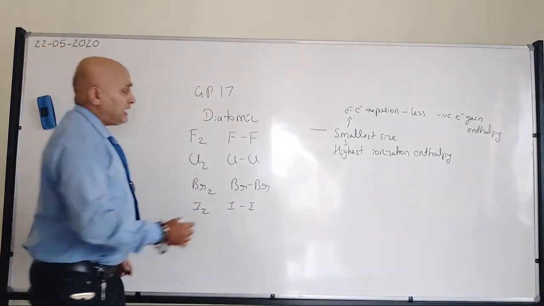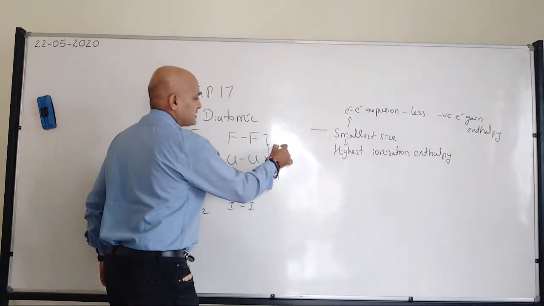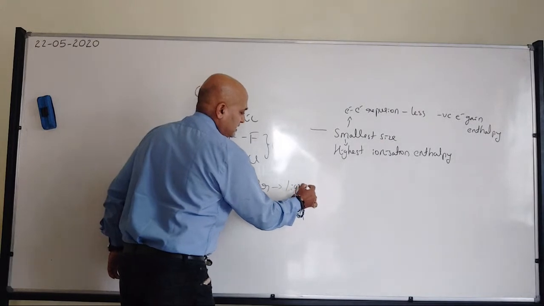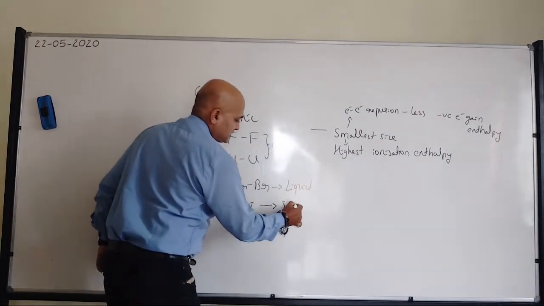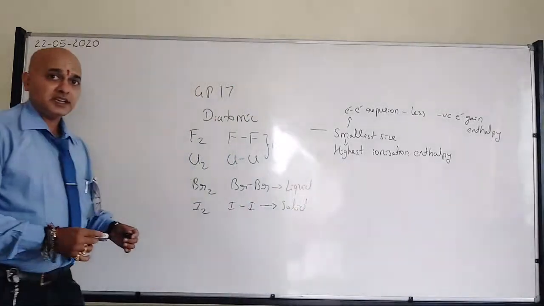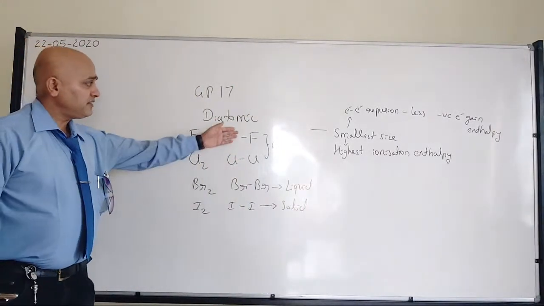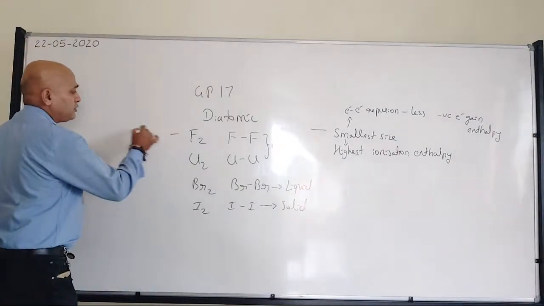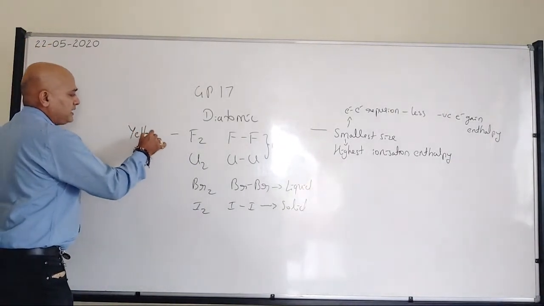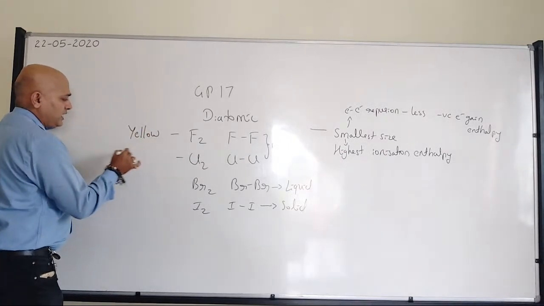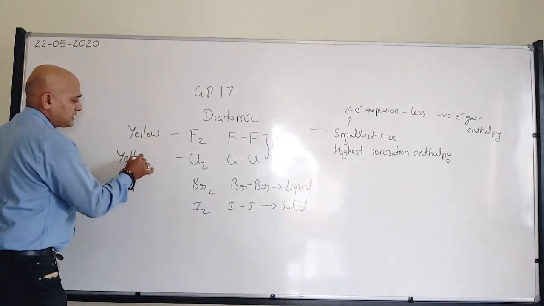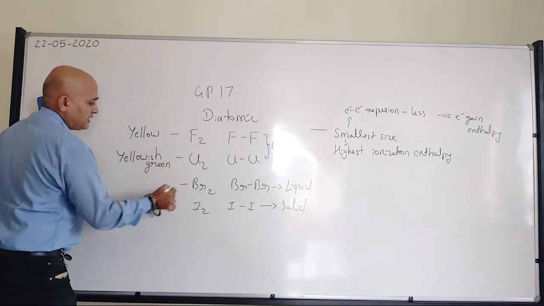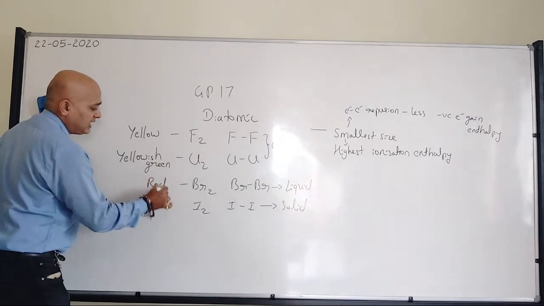Right? At room temperature, fluorine and chlorine will be present as a gas. Bromine will be present as a liquid. Iodine will be present in solid state. Fine. So that's where we have the physical form. When it comes to fluorine, it will be yellow color. Chlorine is yellowish green, and that's why it is named chlorine. Bromine will be red color.